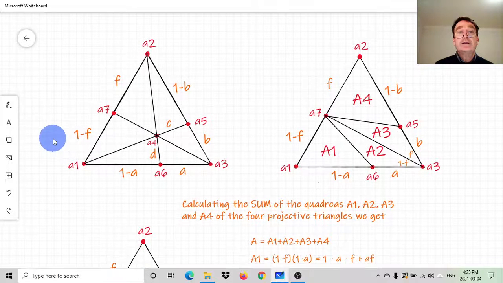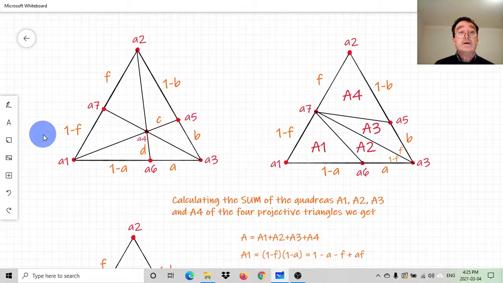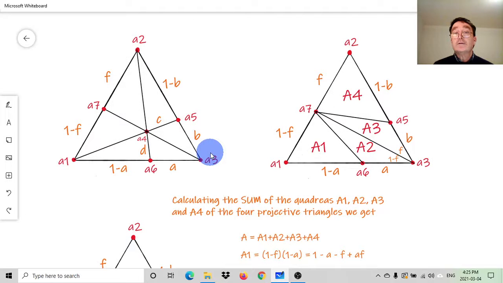Okay, next we'll look at tessellating it a different way. So we had this triangle with points A7, A5, A6, and we're going to tessellate this triangle in this way.